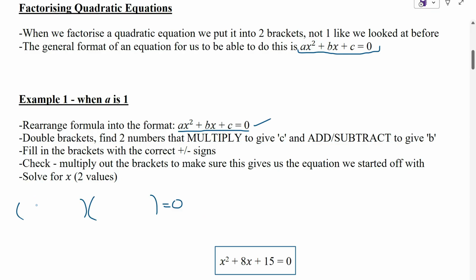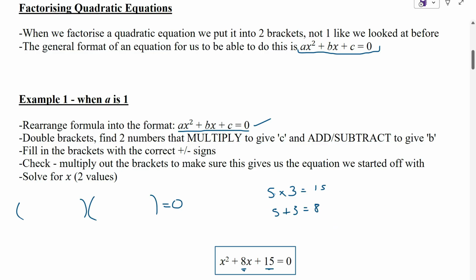And to find out what goes into these brackets, we need to find 2 numbers that multiply to give us c, and those same 2 numbers need to add or subtract to give us b. So straight away I can think of 5 and 3, because 5 multiplied by 3 gives us 15, c, and 5 plus 3 equals 8, b.